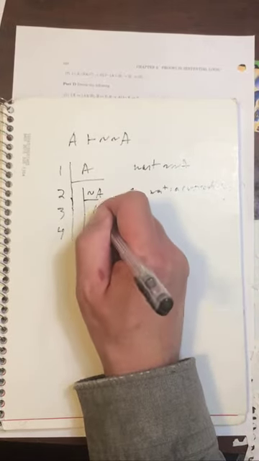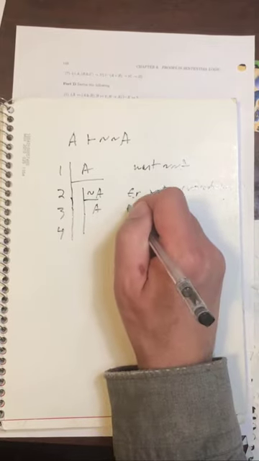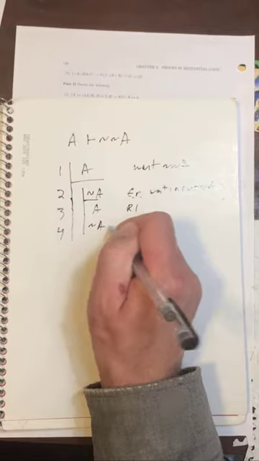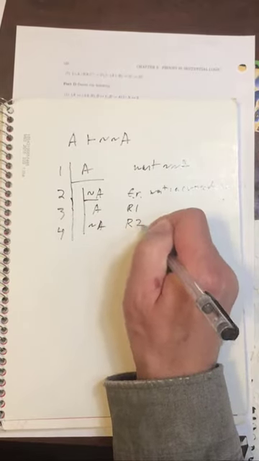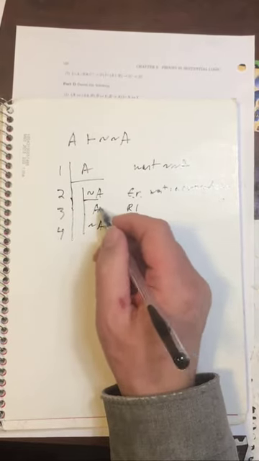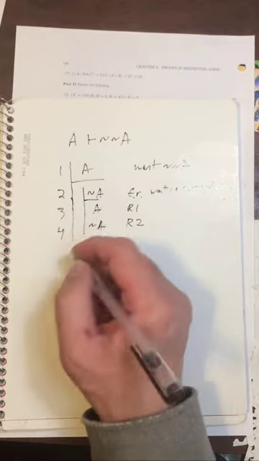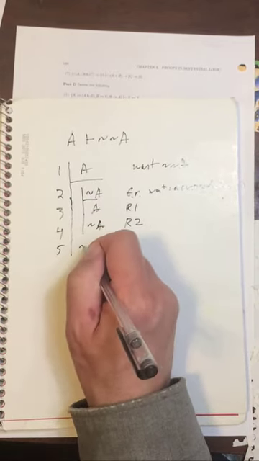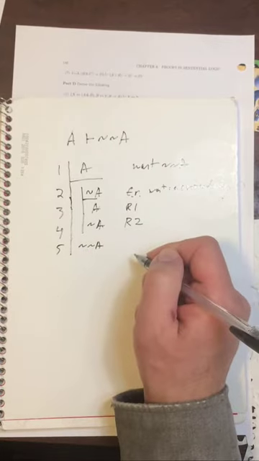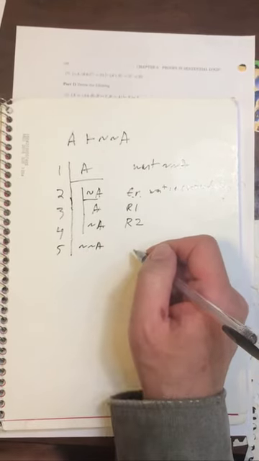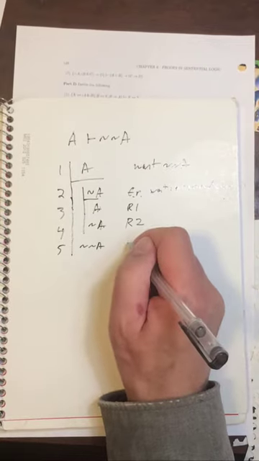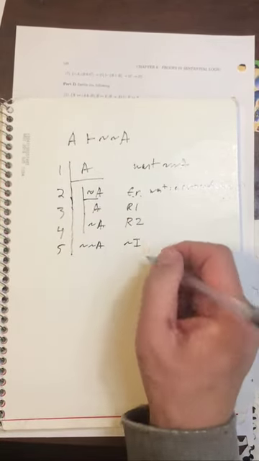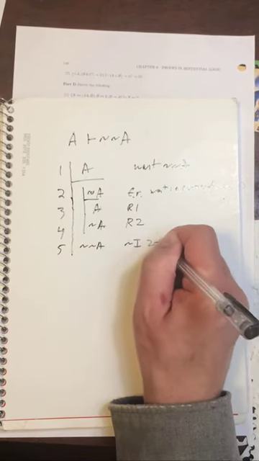So we're going to write an A here, and that's R1, and then a not A here, that's R2. Now we have a sentence and its negation at the end of the subderivation. We can pop out here, and we can write not not A. This is justified with negation introduction. You see, we added a negation to what we had before, so that's lines 2 through 4.